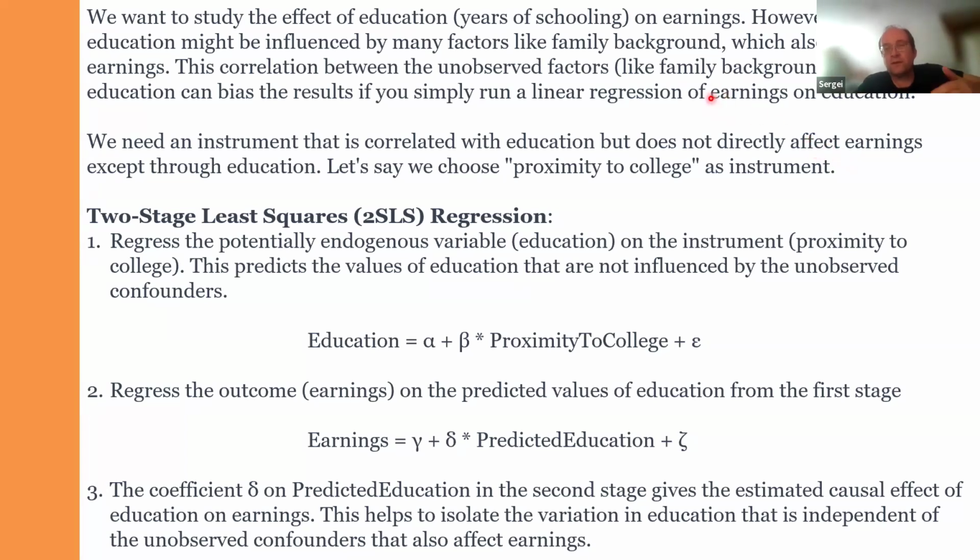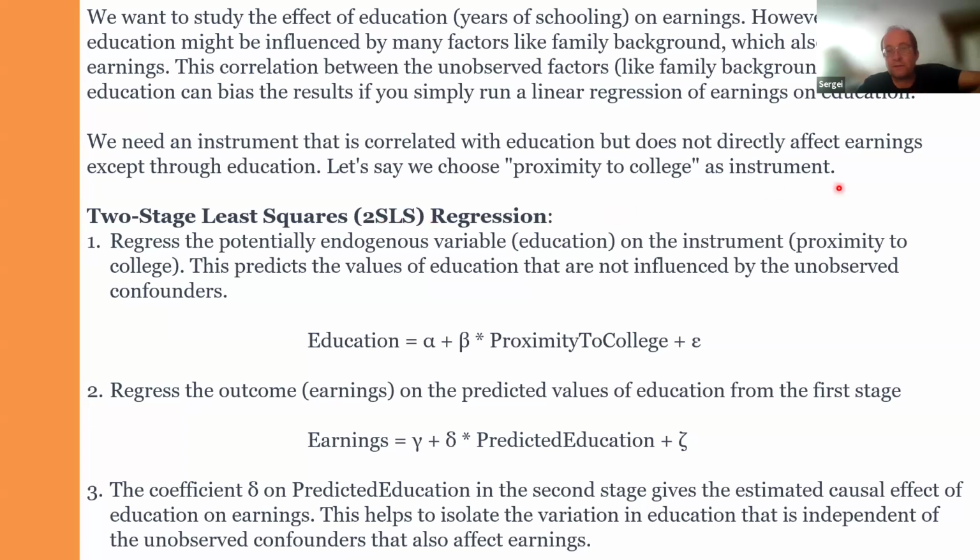It's not clear when you look at a person whether this person comes from a family with an average income of 100K per year or 10 million per year. So the question becomes, can you find an instrument which is correlated with education but doesn't directly affect earnings except through education? Let's say that such an instrument is proximity to college.